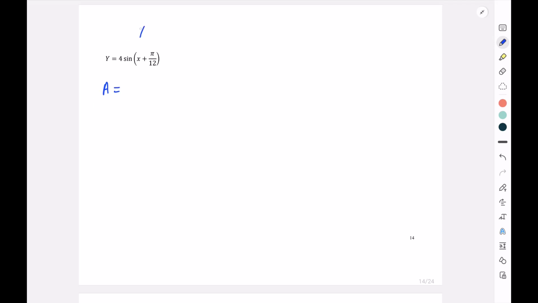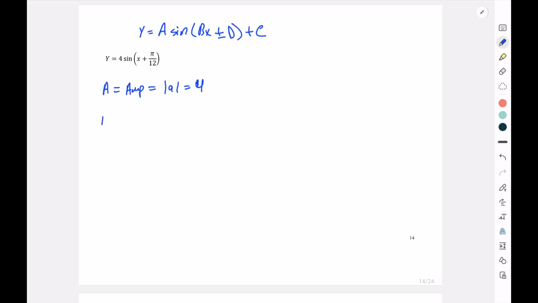You need to remember that y equals a sine of bx plus or minus d plus c is our form for sine. So we know that our amplitude is our a, and that will equal the absolute value of a, and that will equal 4 in this case.